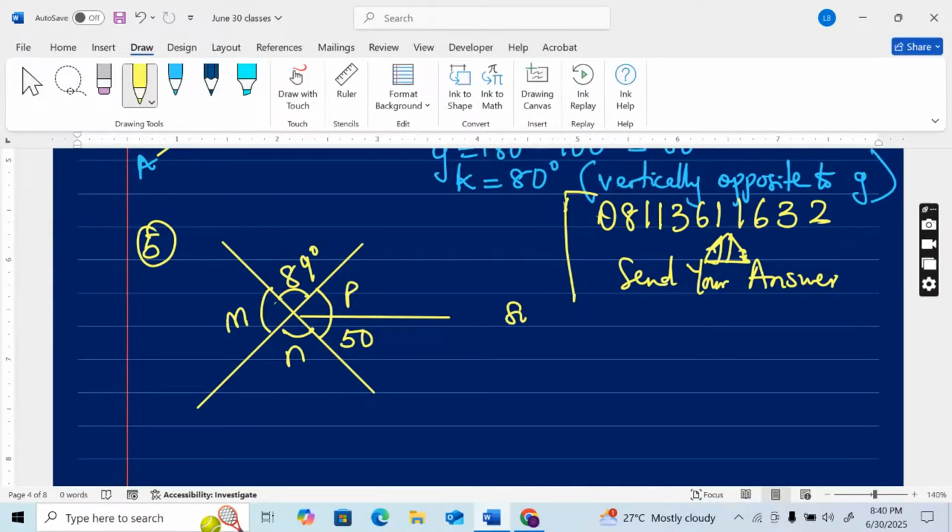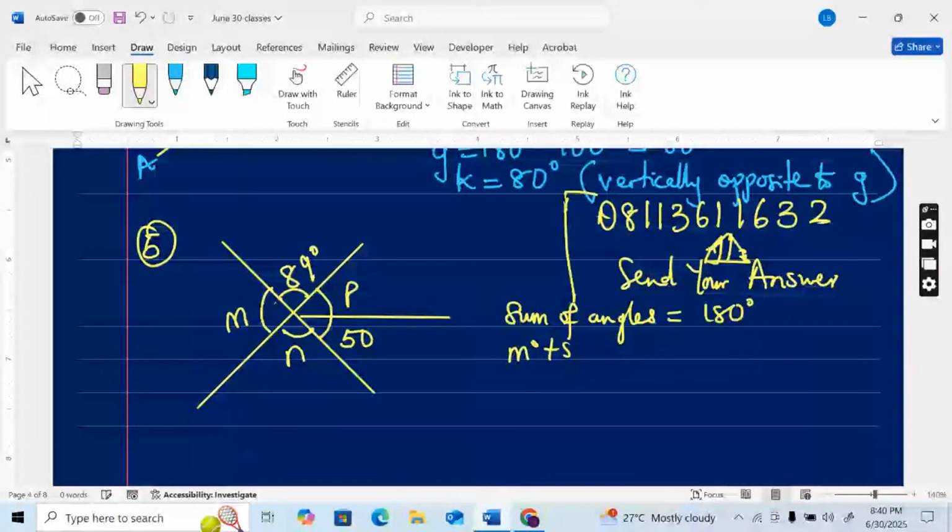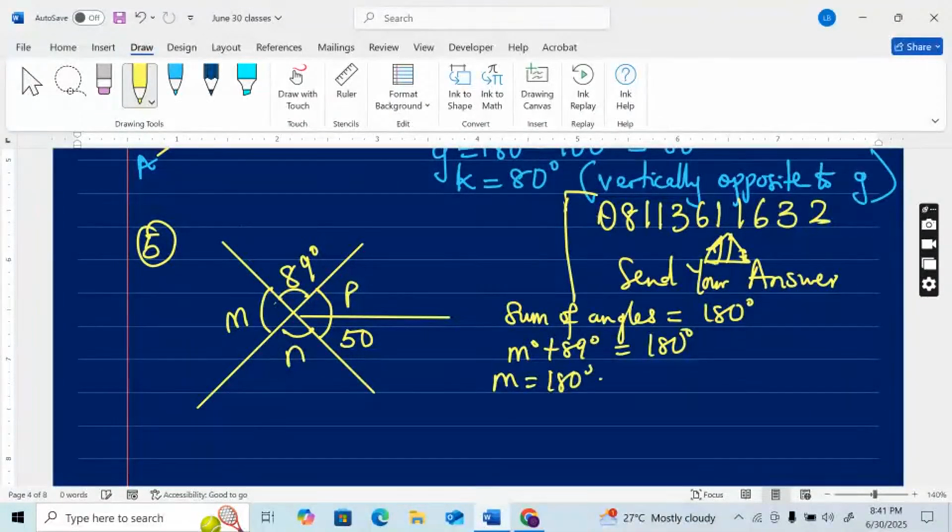So the sum of angles on a straight line is 180 degrees. M is equal to 180 degrees minus 89 degrees. So what will be our answer? 91 degrees. So that's the answer to angle M.